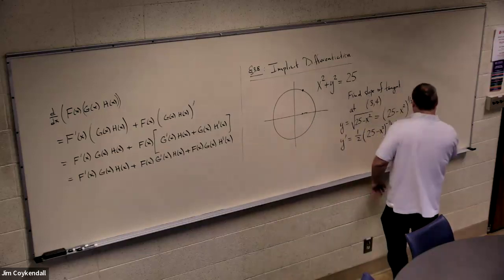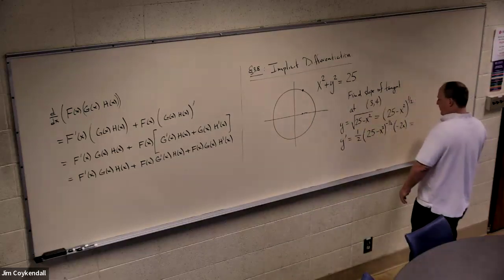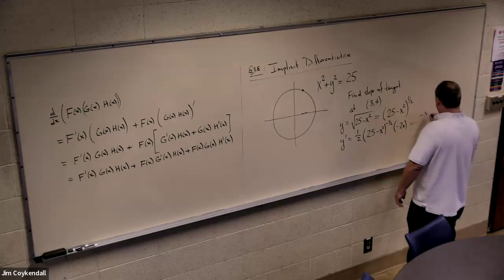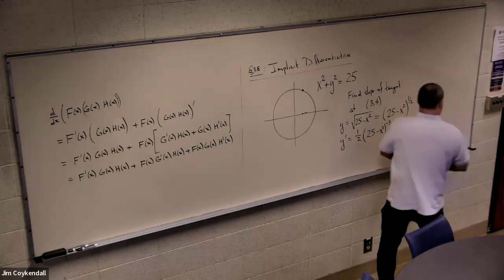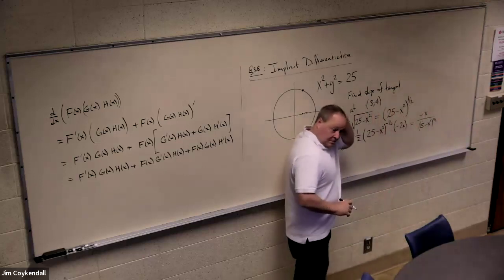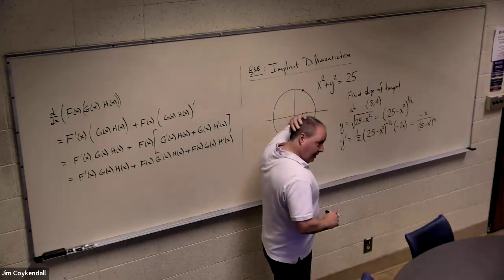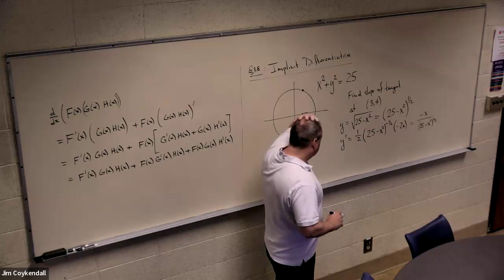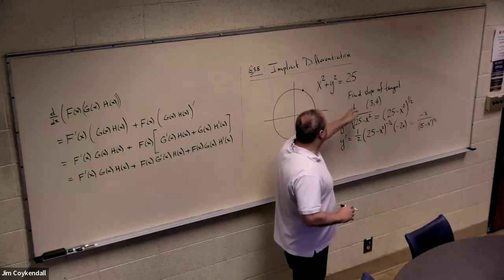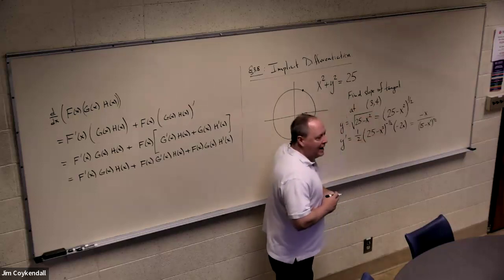So if I write this in a form that's easy to plug in, I actually get negative x over the square root of 25 minus x squared. Now, if I want the slope of the tangent line at 3, 4, what do I do now?